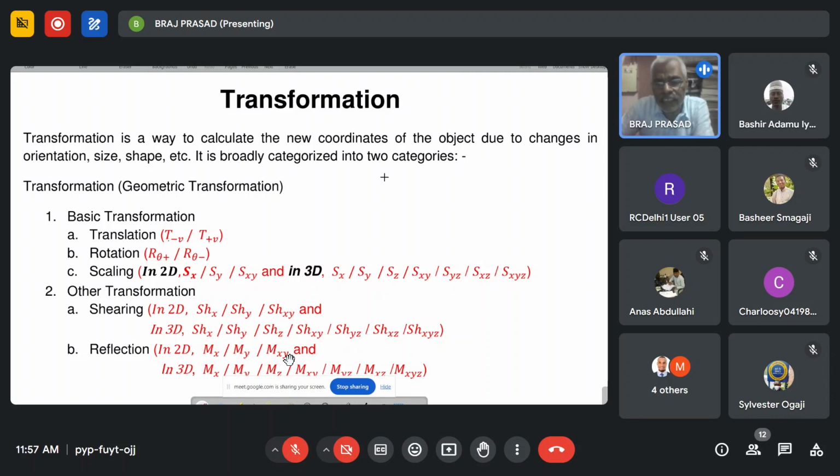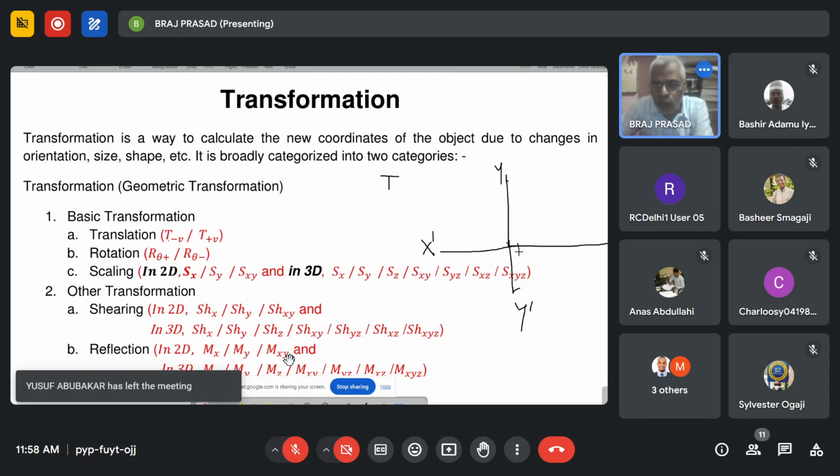So translation, the notation to show the translation. To show the translation, we use the notation T. And suppose our graph paper or our screen is divided into four quadrants, then we know if it is our x, then it will be our x dash, and if it is our y, then it is y dash. And we know the value on the right hand side of the x will be positive, so it is 1, 2, 3, 4, and 5, like this.